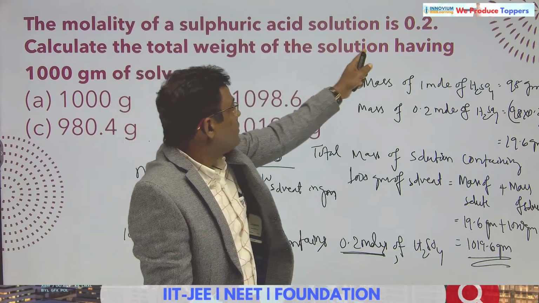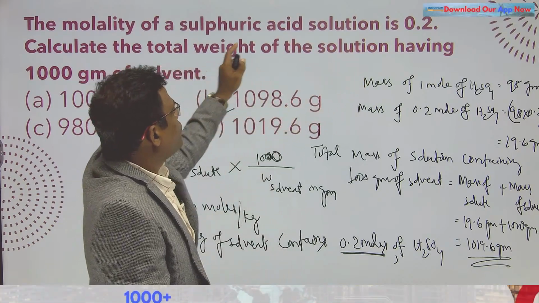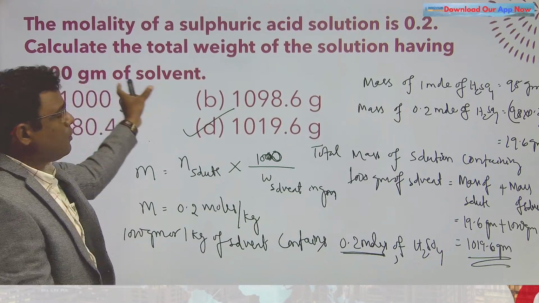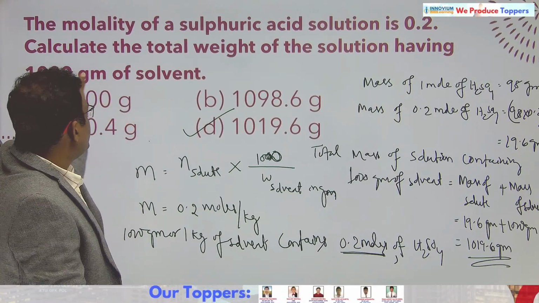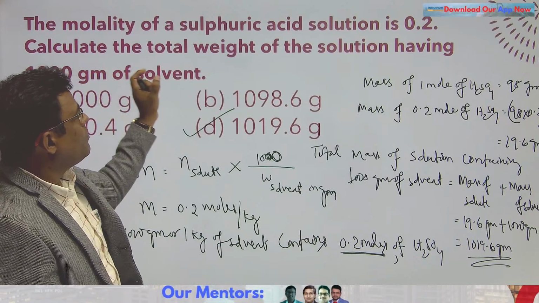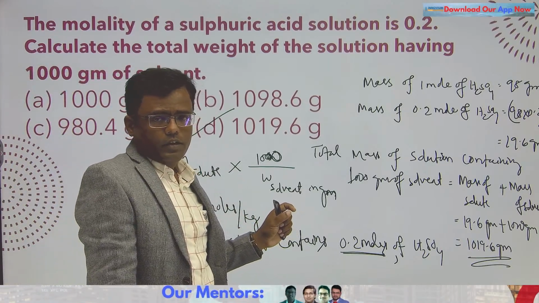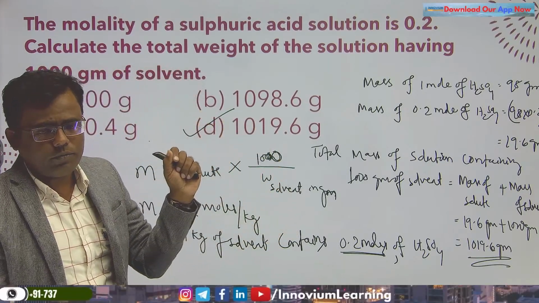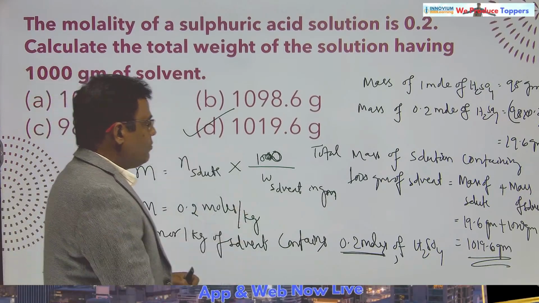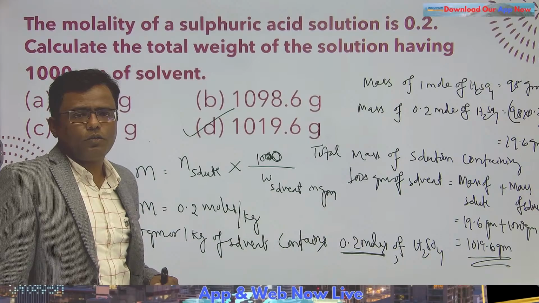Molality of the solution is given. Let's say it is given 0.2, and instead of 1000 gram of solvent, the data is given as 1000 gram of solution. So in 1000 gram of solution, what is the mass of solute, and what is the mass of solvent? That you calculate.